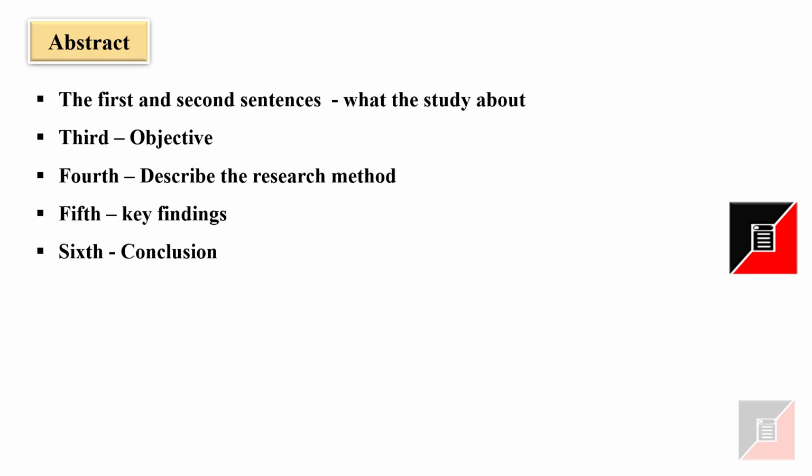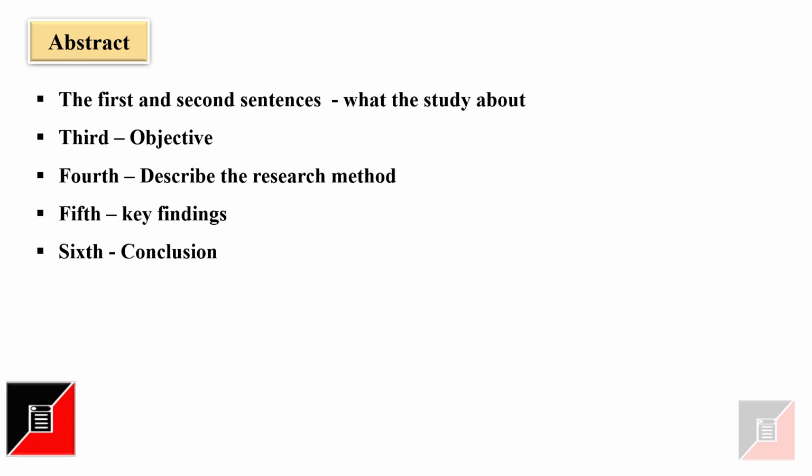Sometimes the number of sentences may increase. For example, for the fifth and sixth sentences there may be some more key findings, so they may take two more sentences. In that case it will be there, but the flow should be in this order. So first the study and the objective, then they describe the research method, the key findings and the conclusions.